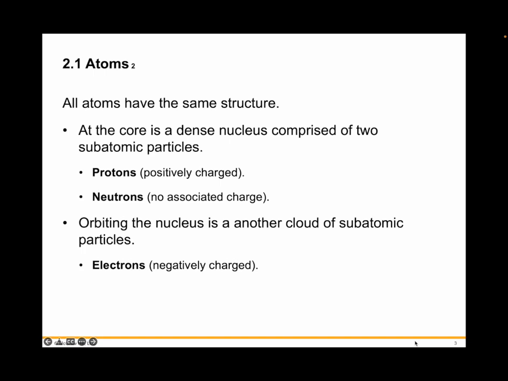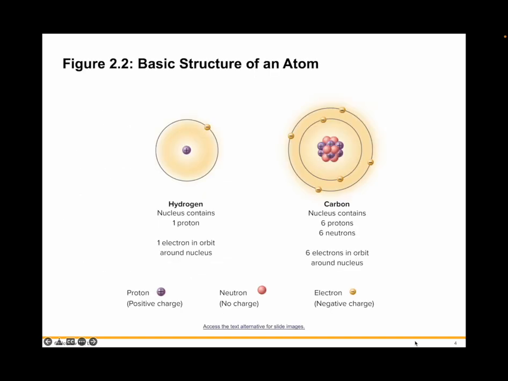So neutrons are similar to protons in mass, and the number of protons and neutrons in the nucleus of an atom is called the mass number. So a carbon atom has 6 protons as well as 6 neutrons, and has a mass number of 12.